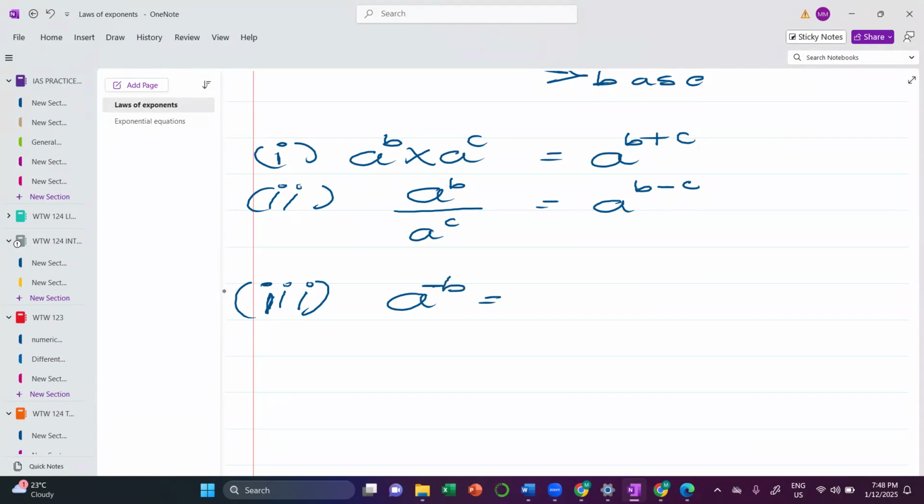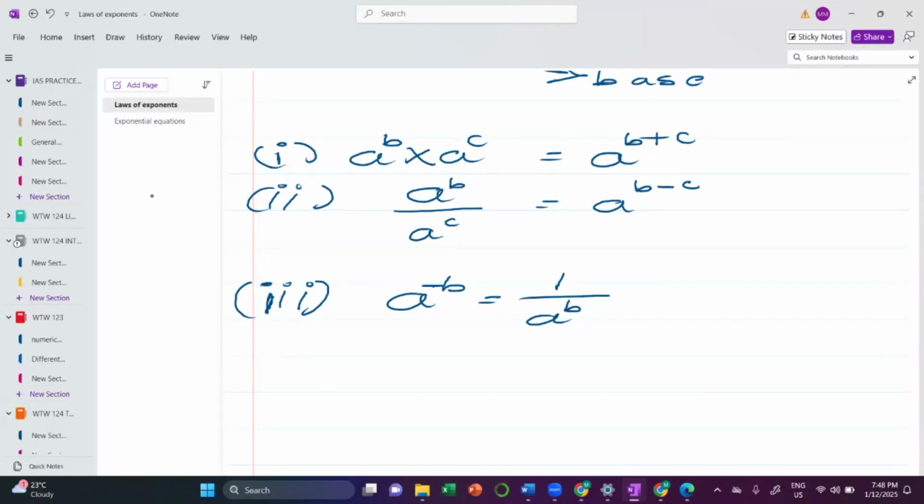This is just going to be 1 over a to the exponent of b. So this is a law, right? That's how you can change a base which has a negative exponent to something which has a positive exponent.